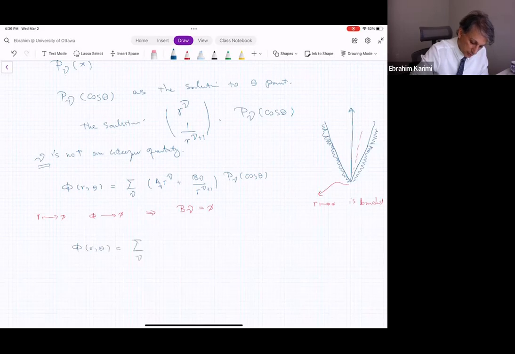So the potential will be reduced to a summation over nu of a nu, r power of nu, P nu of cosine of theta.